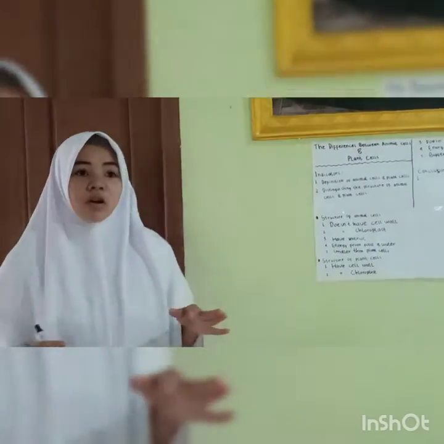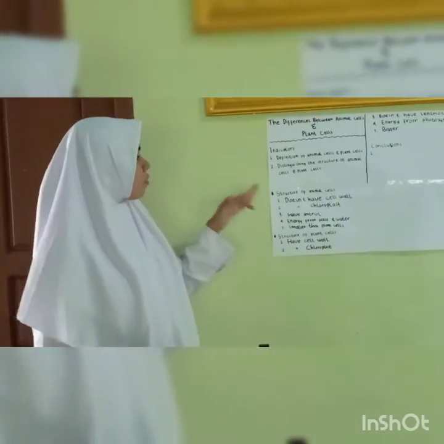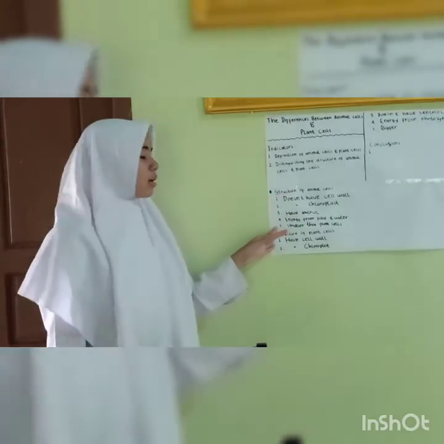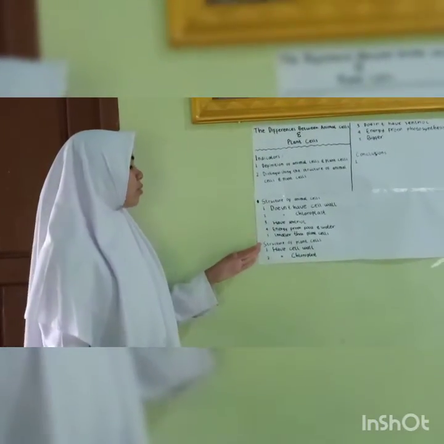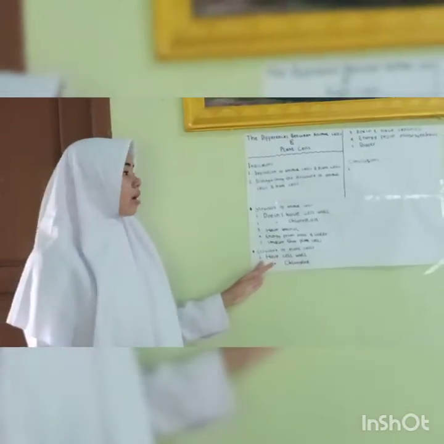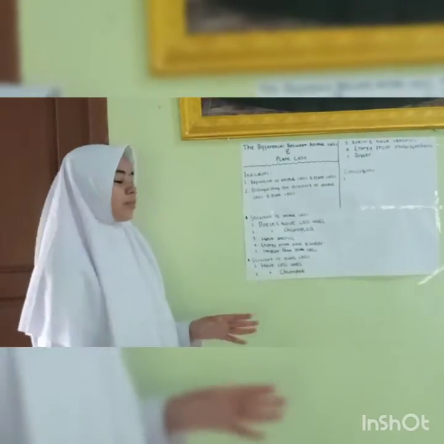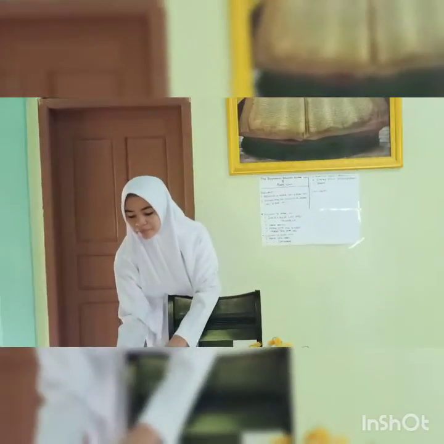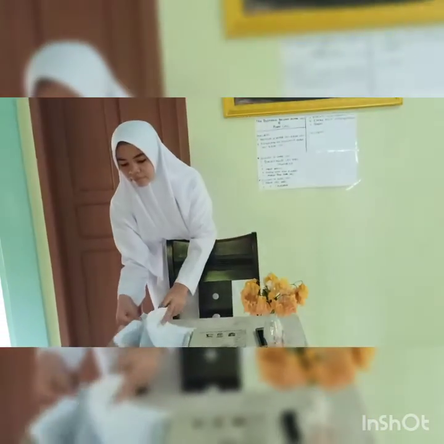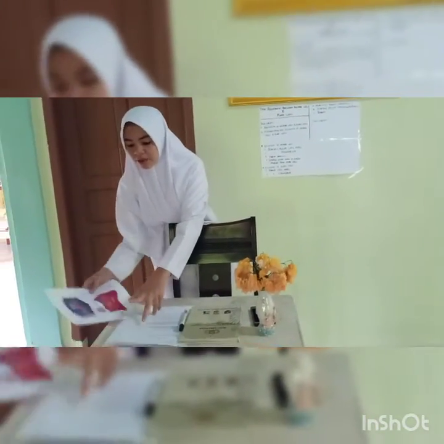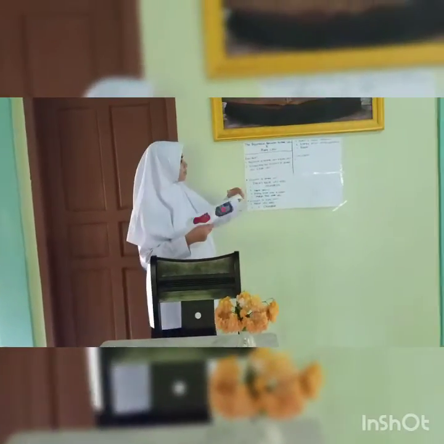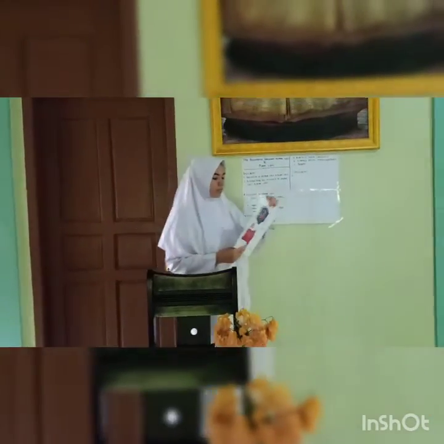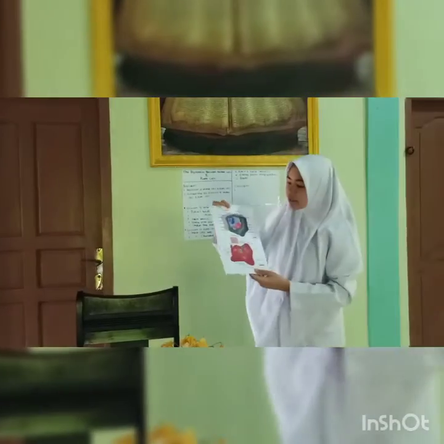Okay, we have mentioned it all. From the animal cells, there are 5 characteristics, and from the plant cells, there are 5 characteristics too. Now, I will show you the picture of cell. You can see this.